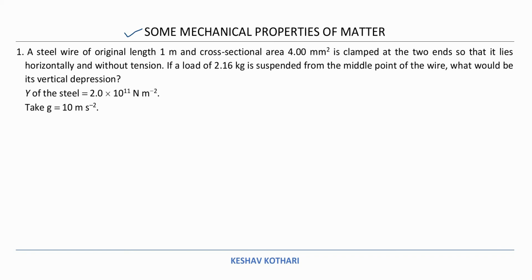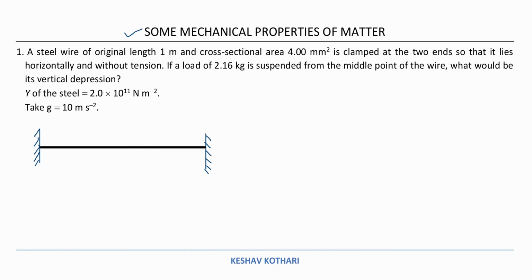So if we start approaching this particular problem, we are first of all drawing this particular diagram. Over here, I am considering these as the two fixed ends that we have, and in between we are attaching a steel wire.